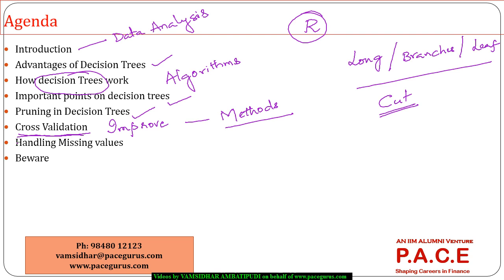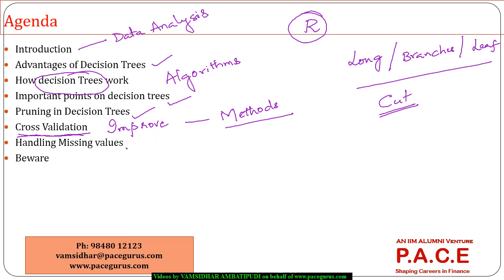So we will be talking about those mechanisms as well. Whereas when we take up data sets from the next session onwards, we will be doing cross validation on the data sets. But here, because this is a conceptual session, we'll try to understand why do we really need to do the cross validation and how do we do the cross validation.